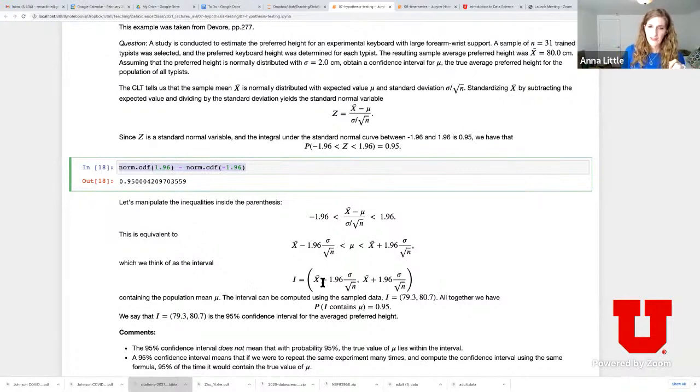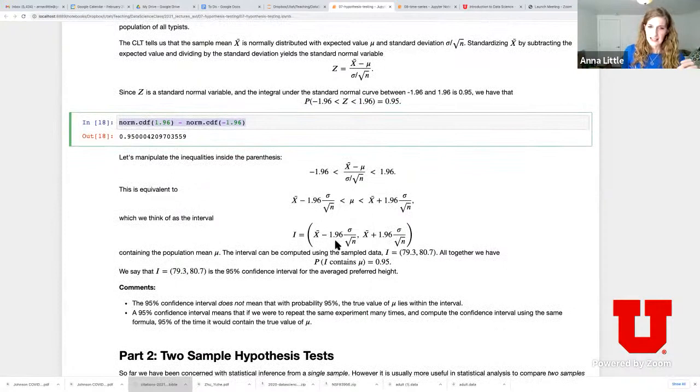You would call it a 95% confidence interval. And what that means is this: if I repeat this procedure, I get data, I construct this interval, and I do that over and over again, 95% of the time, the interval will contain the true mu. So that's what we mean by 95% confidence.